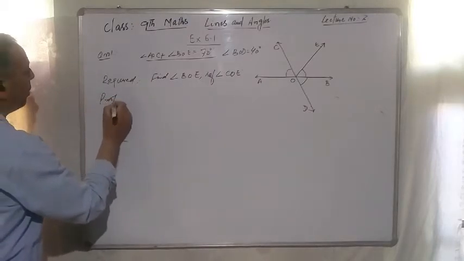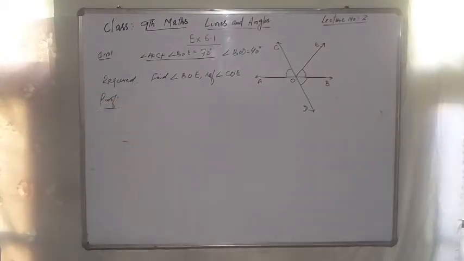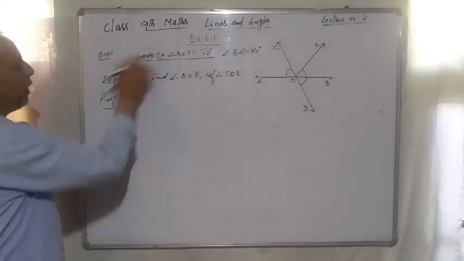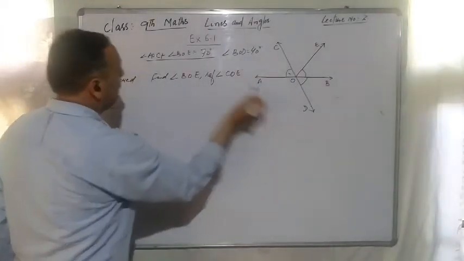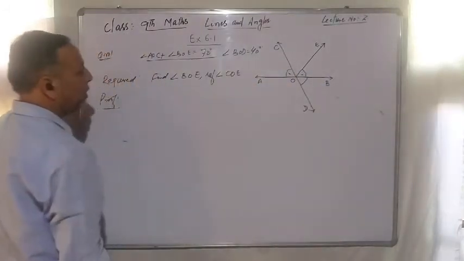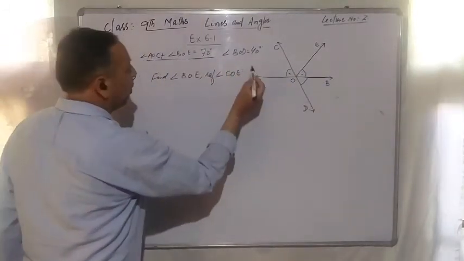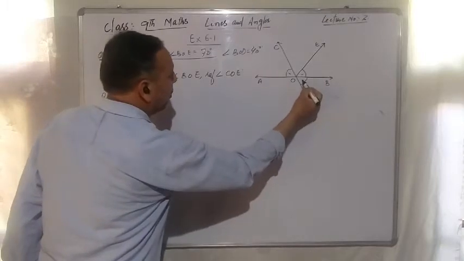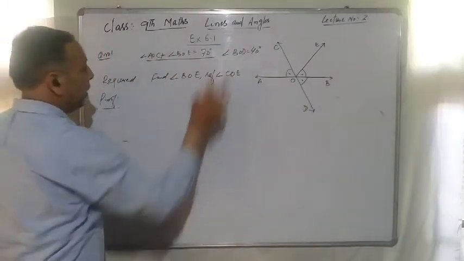So see here, let us prove this. It is given that angle AOC plus angle BOE is 70 degrees, and angle BOD is 40 degrees.